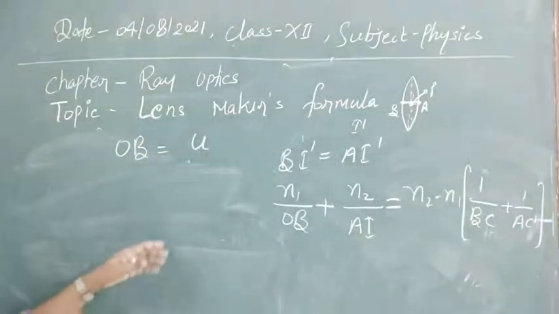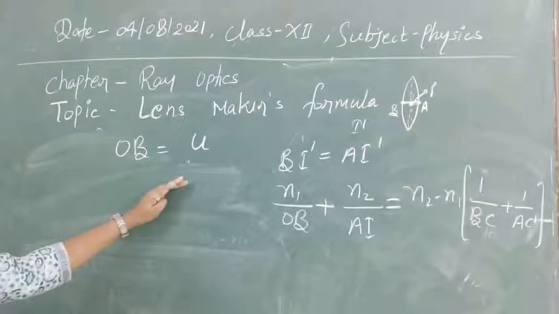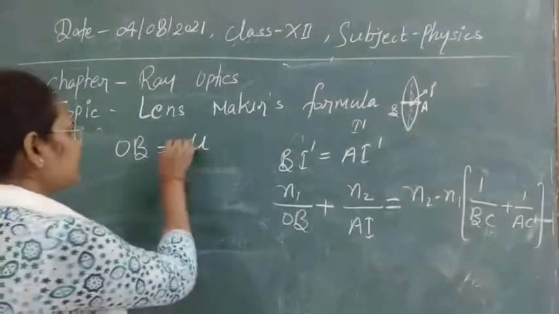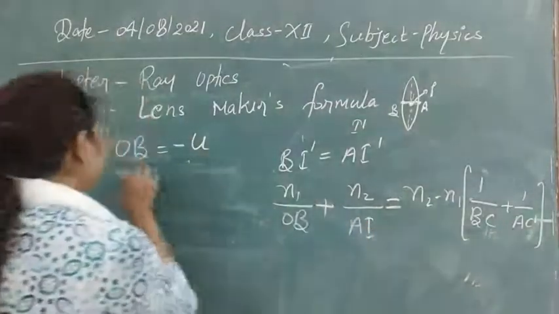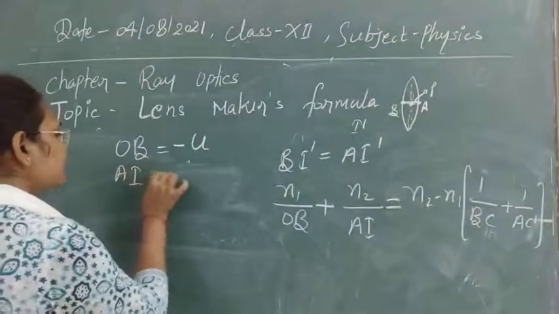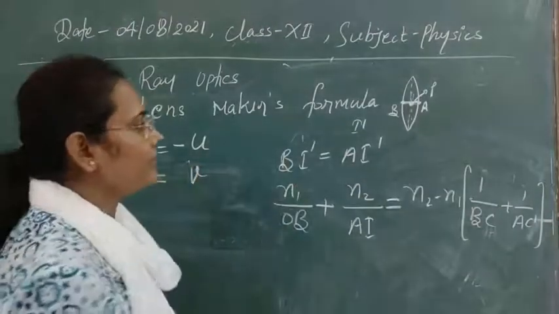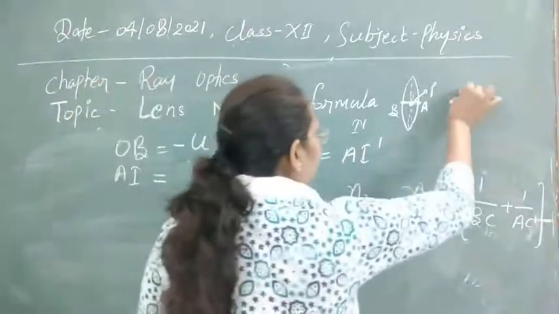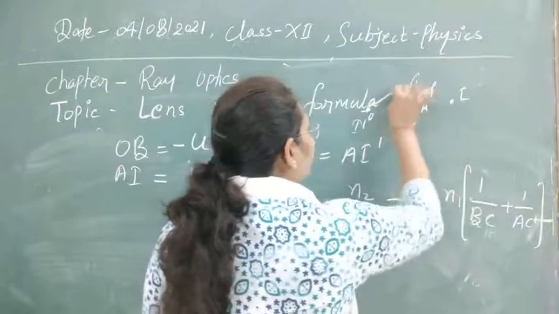And one more thing, as it is on the left side, you can write this as equal to minus u. Next, AI is the image distance from the second refracting surface, and this is on the right side. In the figure you can see on this side we have got the image I, and on this side we have the object O.